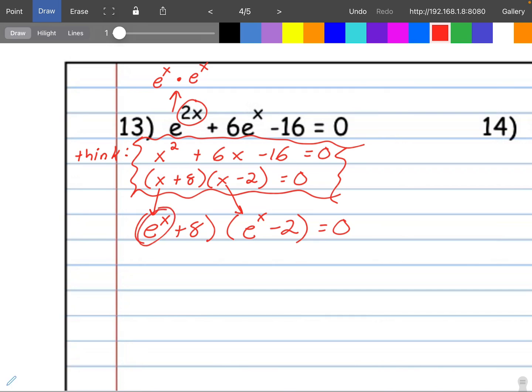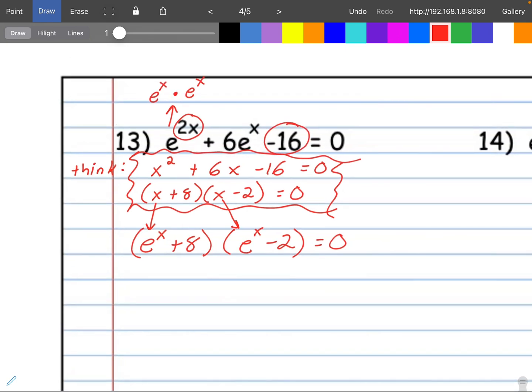So x plus x would be 2x. So that's why we have e to the x here and e to the x here. Then we want to know what multiplies to give us negative 16 and adds to give us our positive 6. Well, that gives us our positive 8 and negative 2. So either way will help you get it factored. You need to decide which one is the easiest for you to recognize and be able to do.